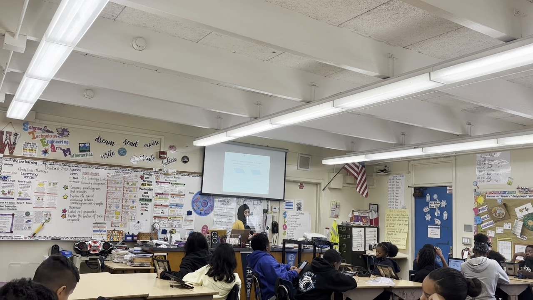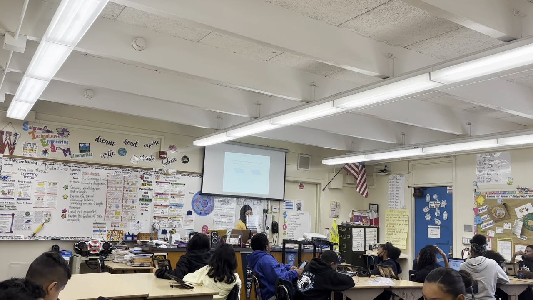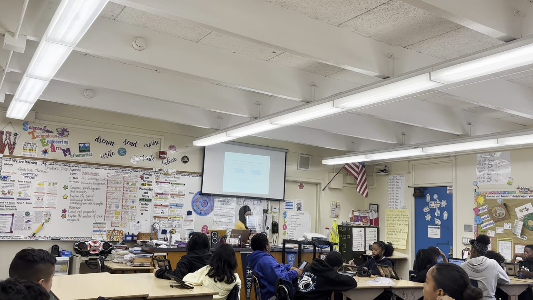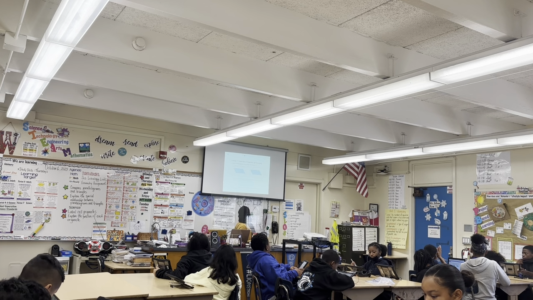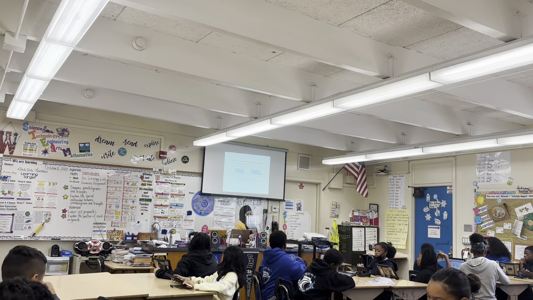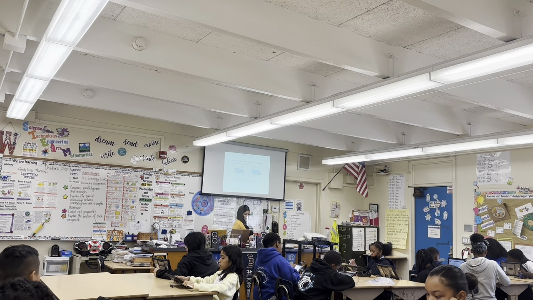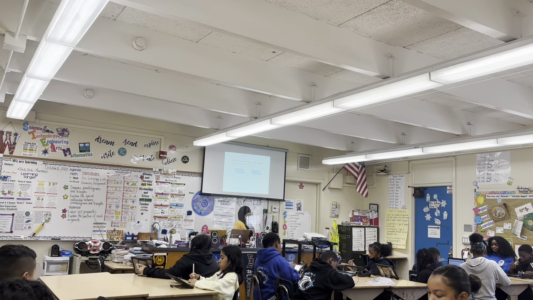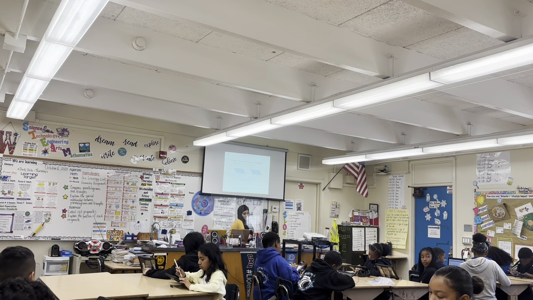Okay, and then each one is already labeled with base and height, right? For the left one, the base is here and the height is here. But for the right one, if we identify our base there, what should be our height?